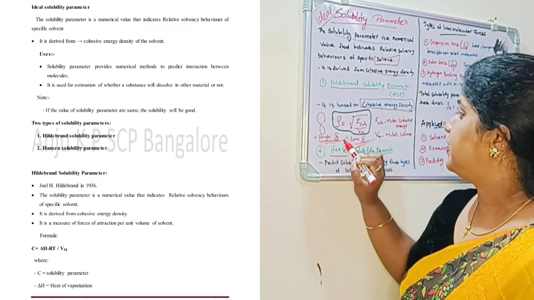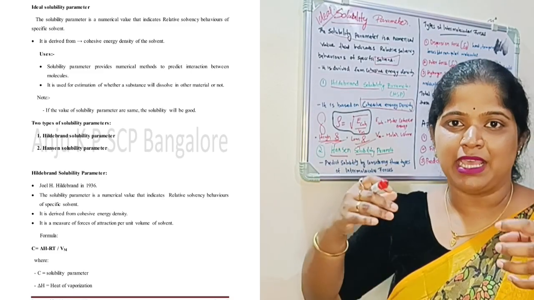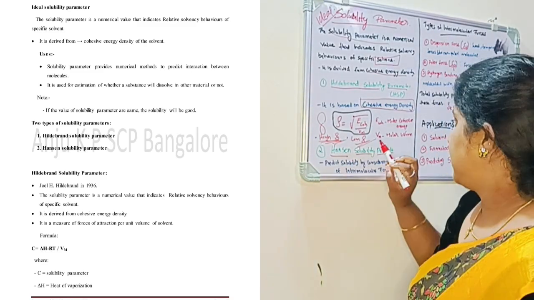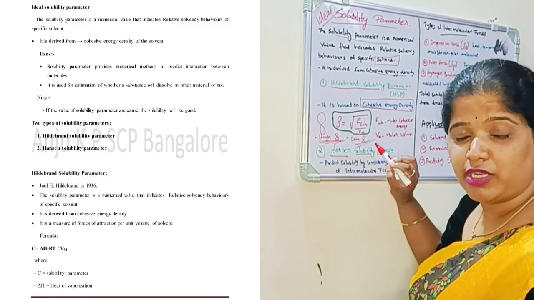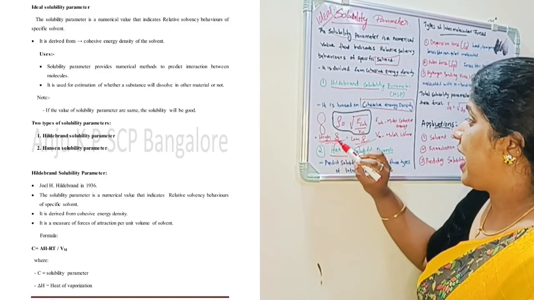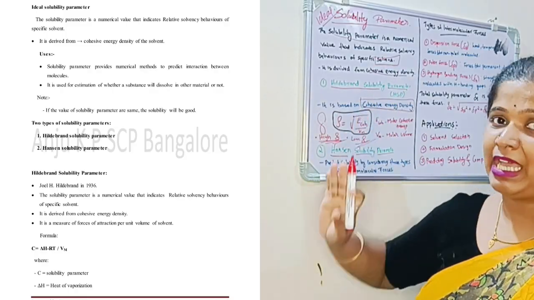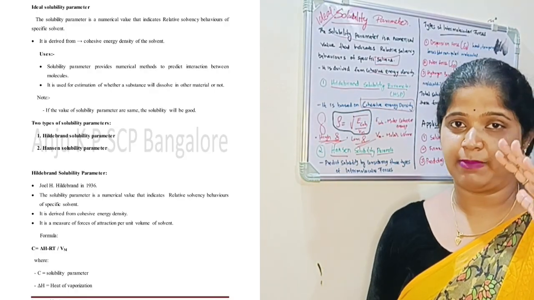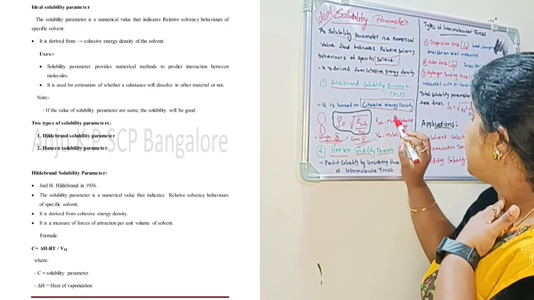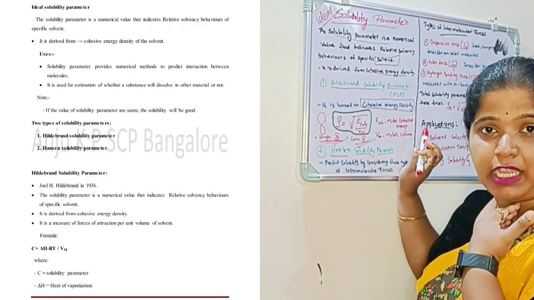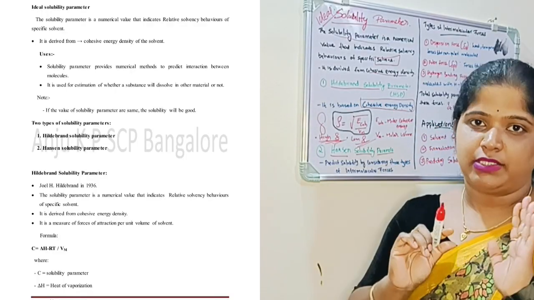Strong force means the intermolecular force required will be strong; low means the intermolecular force will be weak. So this is basically what Hildebrand said: the cohesive energy density is responsible for the solubility.